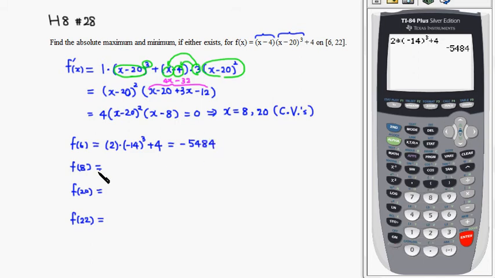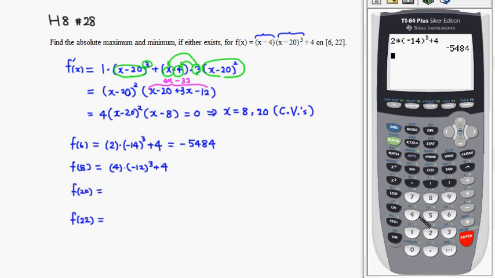And plug in 8. If you plug in 8 here, 8 minus 4 is 4, times 8 minus 20, which is negative 12, cubed, plus 4.